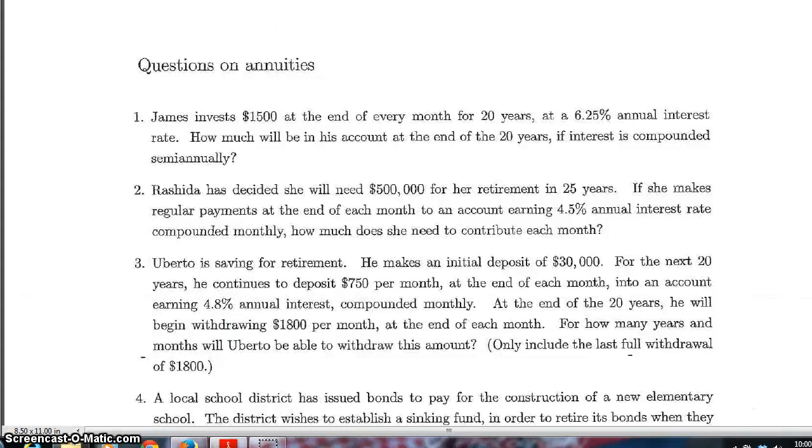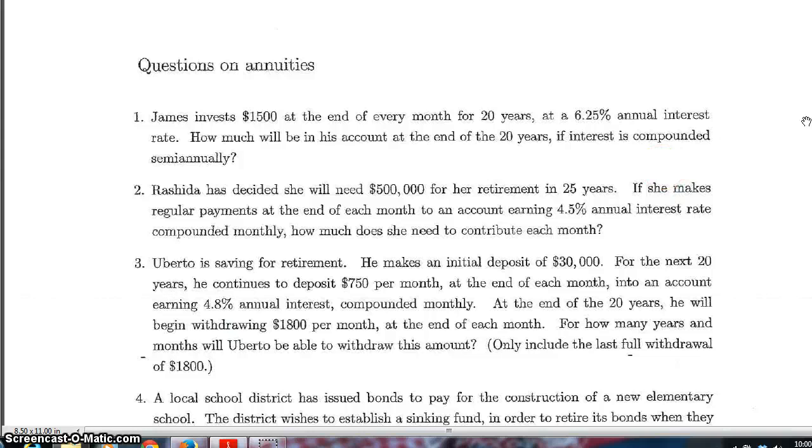So how is this different from pretty much all the ones we've done in class and every example that we've done so far in the videos and in the last 6 questions? Well, what's different? Compounded semi-annually, invest at the end of every month. That's what I didn't catch.